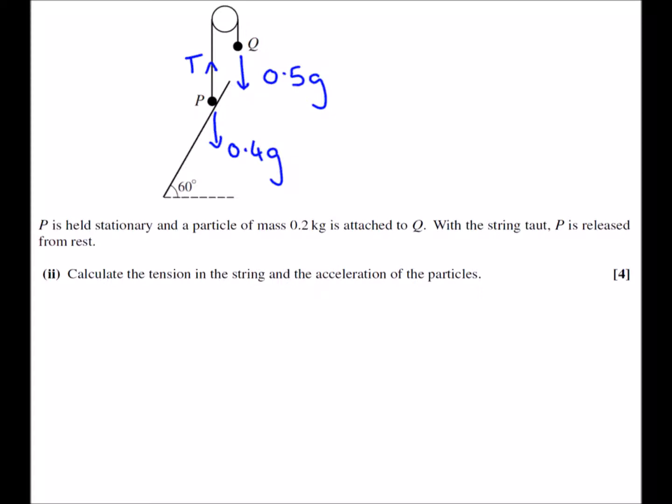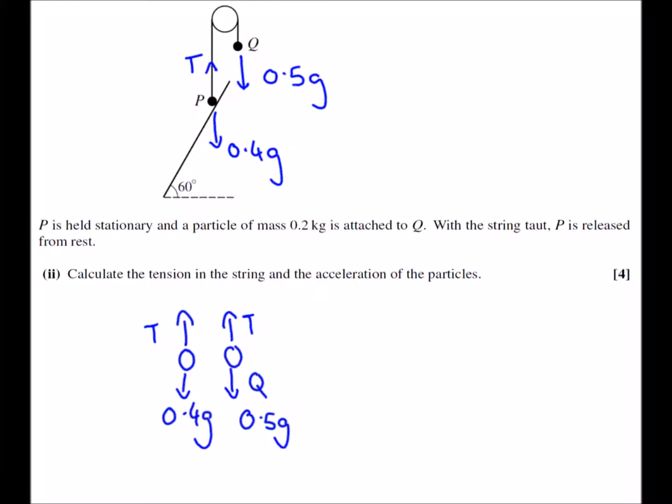So we're going to have our Q going downwards and we're going to have our P going upwards. And P is being pulled upwards by the tension and it's got a weight of 0.4 G going downwards. And Q is being pulled downwards by 0.5 G and tension's slowing it down. So I'm going to form some simultaneous equations by resolving vertically.